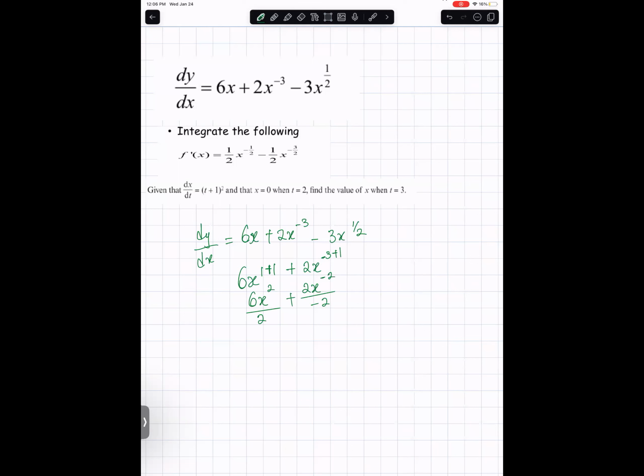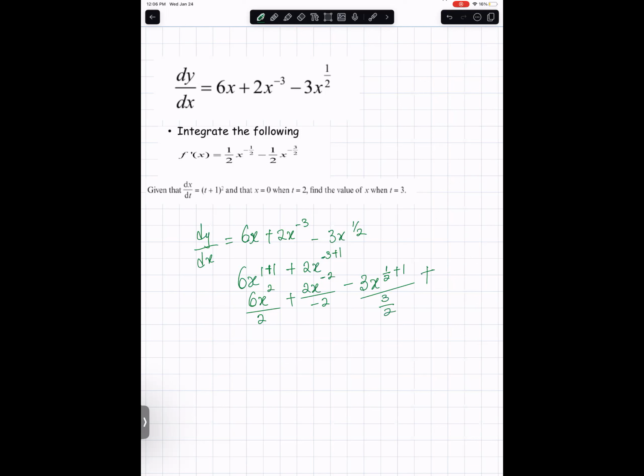We've integrated that. Then over to the last, which is minus 3x. So I have minus 3x to the power of what? Half plus 1. Half plus 1 gives us what? 3 over 2. So we have this divided by 3 over 2.